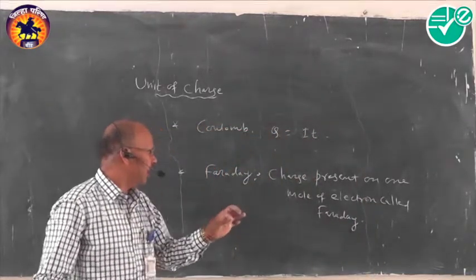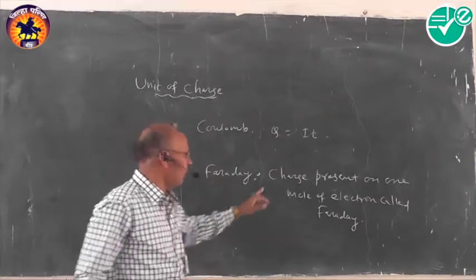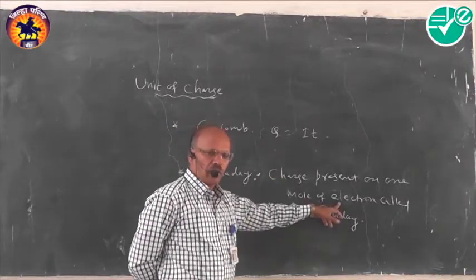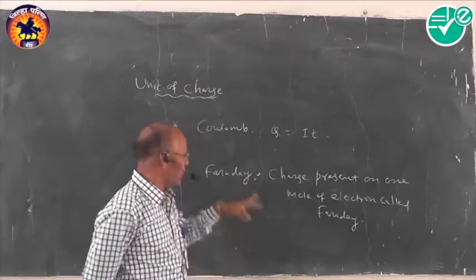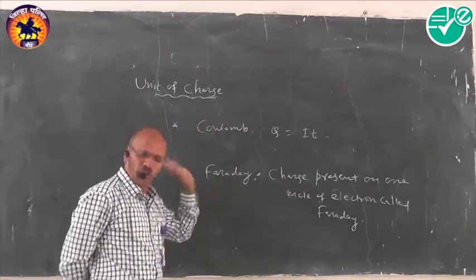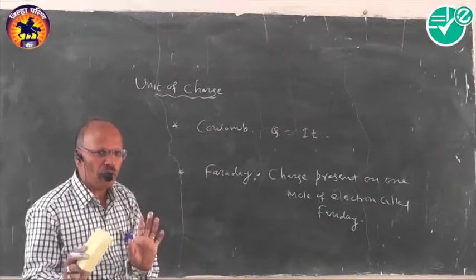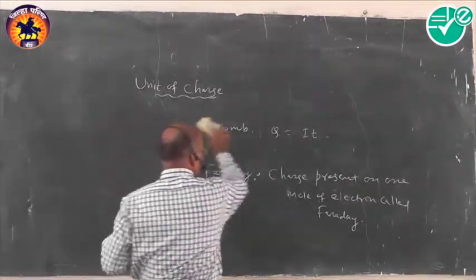Faraday is nothing but the value of the charge present on 1 mole of electrons. The charge borne by 1 mole of electrons is what we call the Faraday.